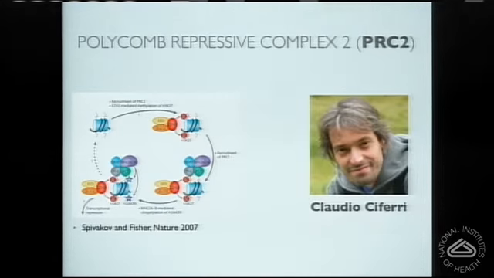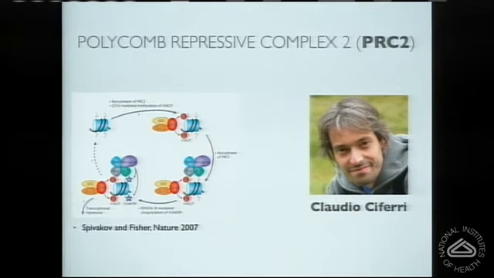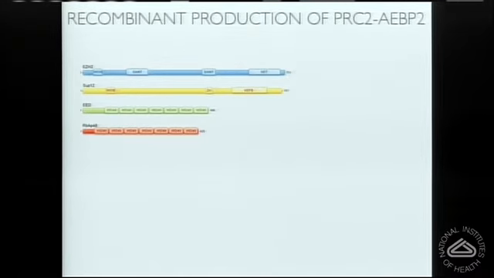So the work that I'm going to be telling you about was carried out by a postdoc in the lab at the time, Claudio Ciferri, who is now a scientist at Novartis in Boston. And although the complex comes in slightly different flavors, he set up for the most abundant and probably critical silencing version of this complex containing 4 proteins, EZH2, which contains the enzymatic activity, which is present in this SET methyltransferase domain.